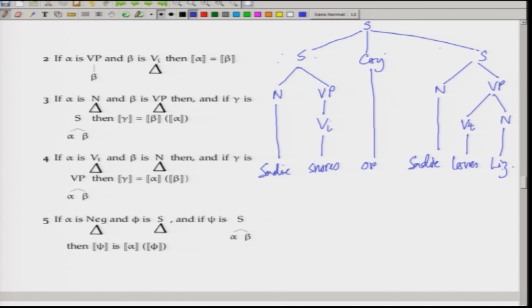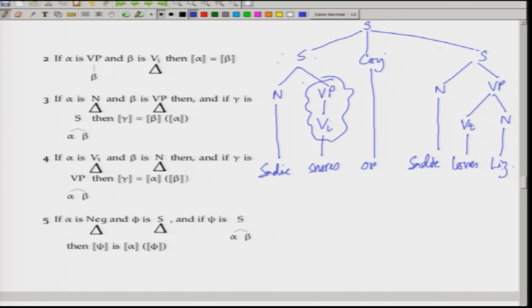Now once again we do the calculation here. Now this is about VP goes to beta, and what is it? Beta is Vi goes to something. So basically it is talking about this branch, where VP goes to Vi, right.